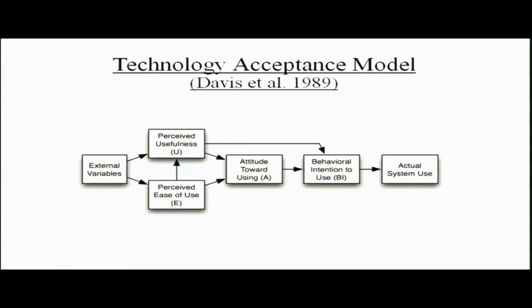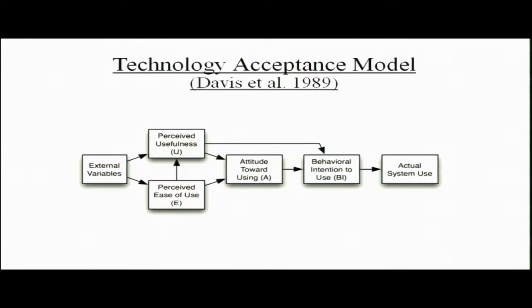It was originally proposed by Davis and others in 1989, and you can see that it is a linear model where you have external variables, and then the ideas of perceived usefulness and perceived ease of use, which influence somebody's attitude towards using a technology.